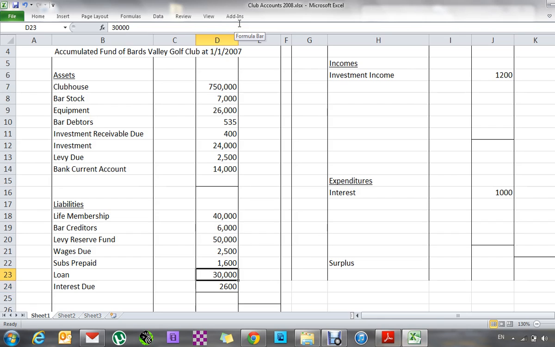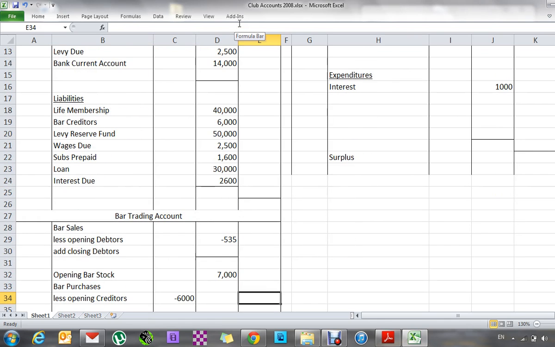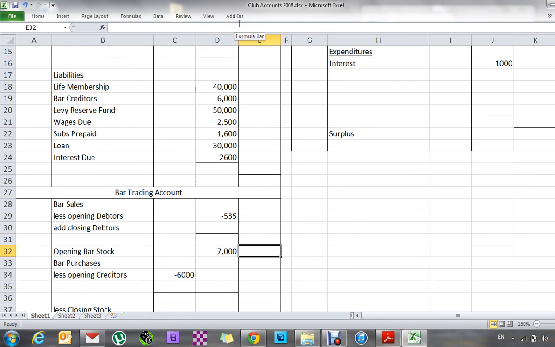Now, obviously I can add all these up now and I get a total, but I'll leave that for a minute. Next I'll move on to my bar trading account, because I'll need to work out my bar profit before I can move on and start doing my income and expenditure. So my bar sales is bar receipts, which is 110,460. We've already taken away the opening debtors and the closing debtors.